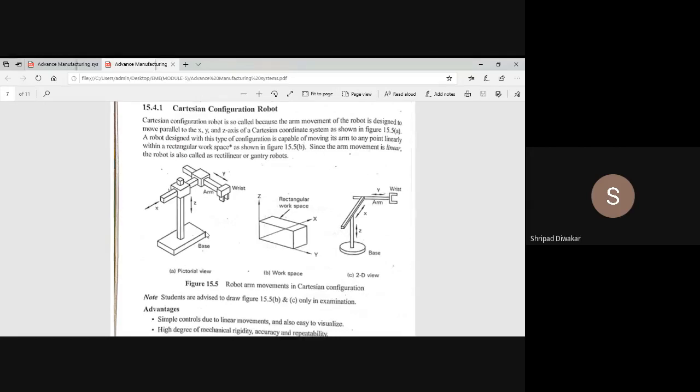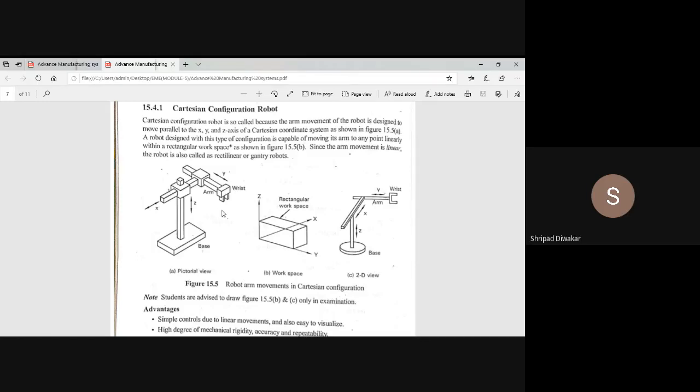Cartesian configuration robot means the movement of the arm is designed to move parallel to the x, y, and z axes of a Cartesian coordinate system. The arm moves in x, y, and z directions as in a Cartesian coordinate system, hence the name.